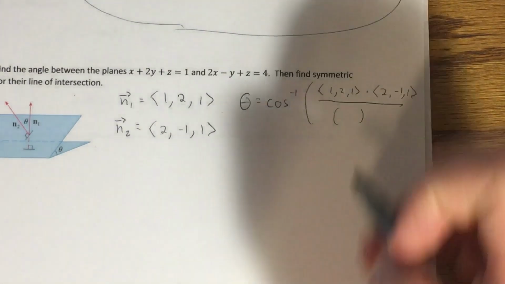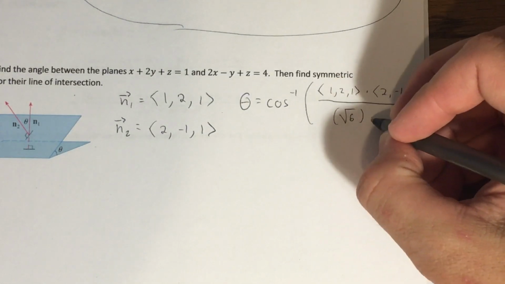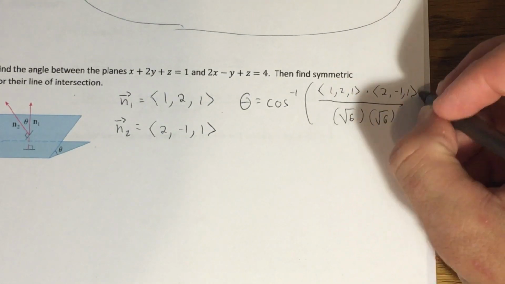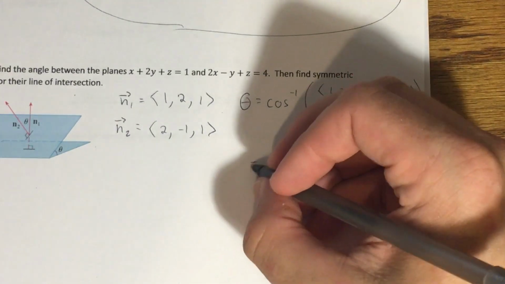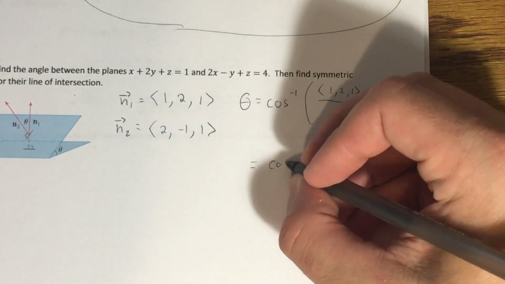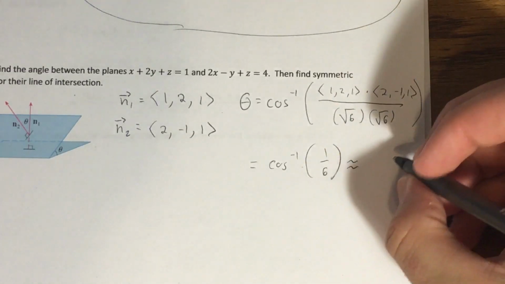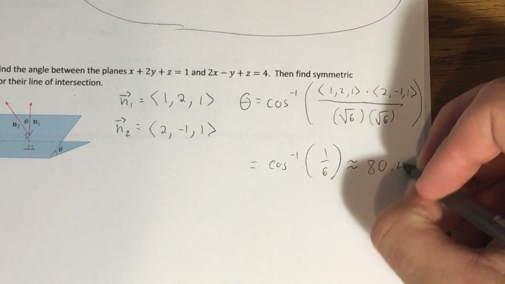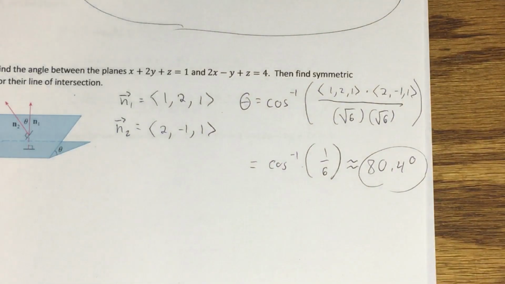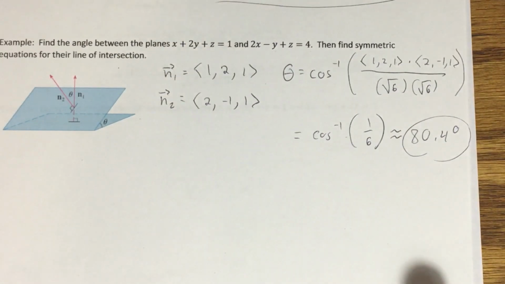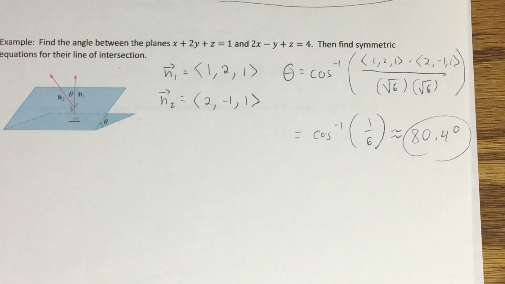Both of these end up having the same magnitude, root 6. This is equal to the inverse cosine of 1/6, which is approximately 80.4 degrees. All right, not too bad. You just need to know the right way of thinking about it.